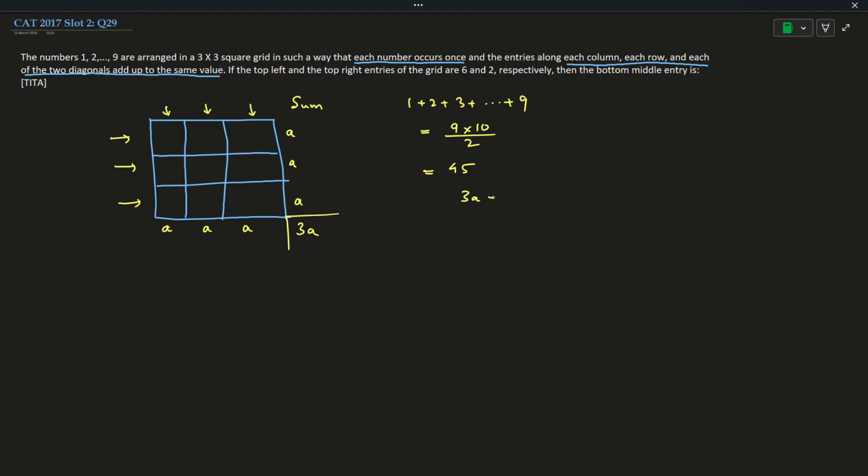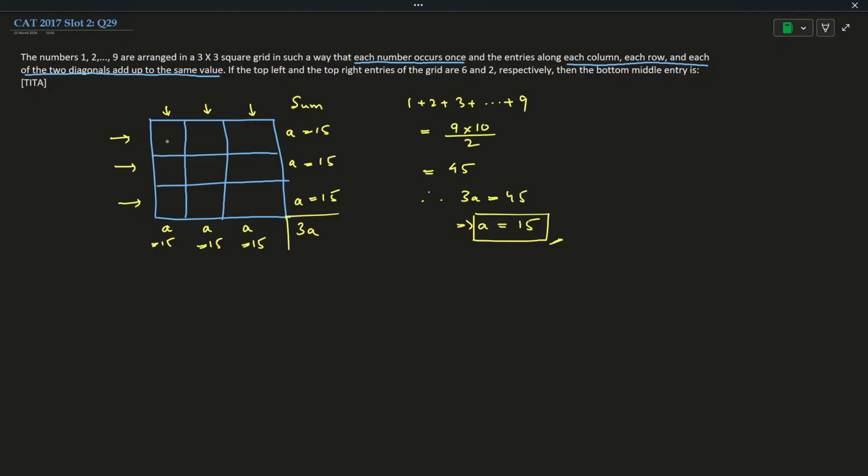That means 3a is equal to 45, and from here I get a is equal to 15. Very important derivation, I would say. So the sum along each row and each column will be 15, and diagonally also the sum must be 15.